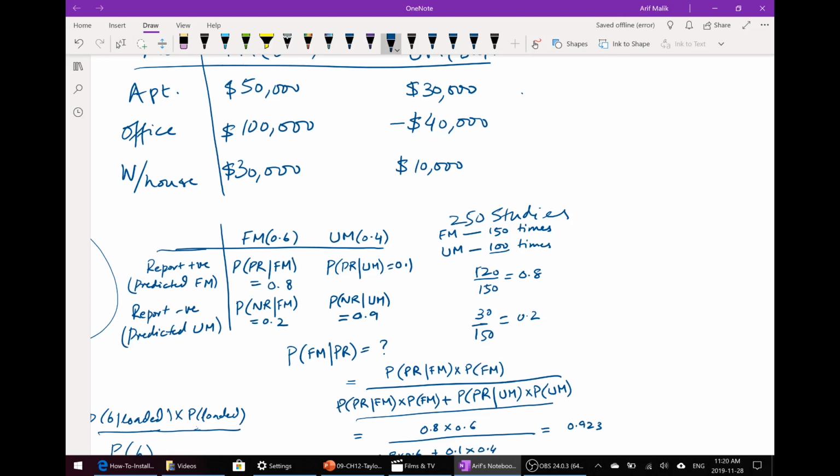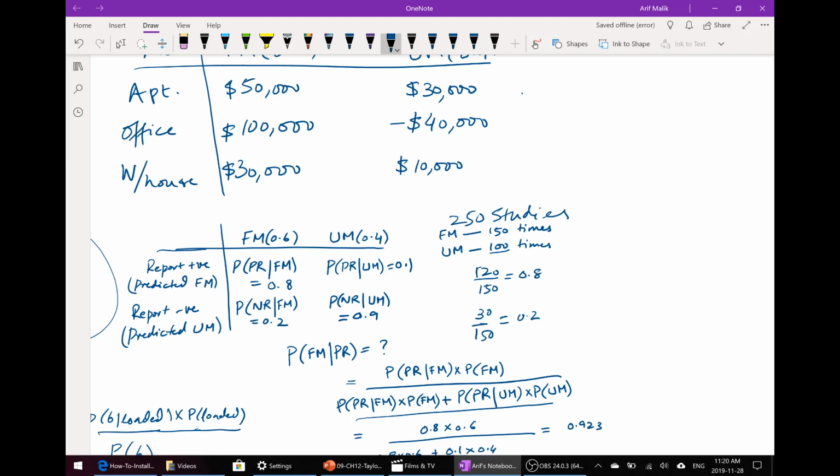Their positive reports were 80% of the time for favorable market, and their negative reports occurred 20% of the time when the favorable market occurred. Similarly, report positive when the unfavorable market occurred was 10% of the time, 0.1, and report negative given that unfavorable market occurred was 0.9.